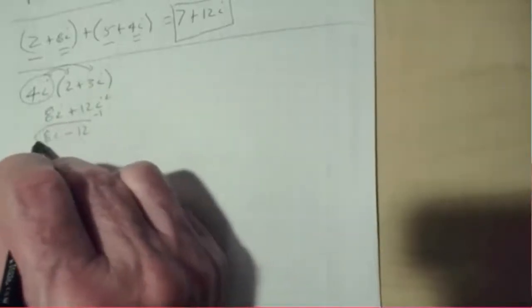Because i times i is i squared. Now, remember, we know what the value of i squared is. It's -1, right? So we have 8i, this is -1, and -1 times 12 is -12. Can we combine these two things? No. And that's all there is to it.